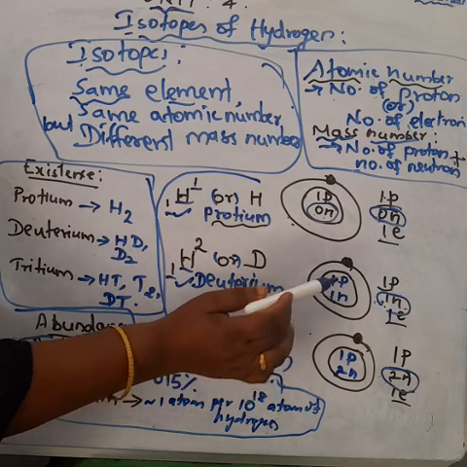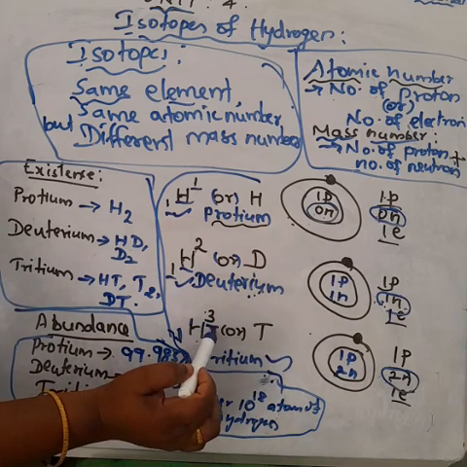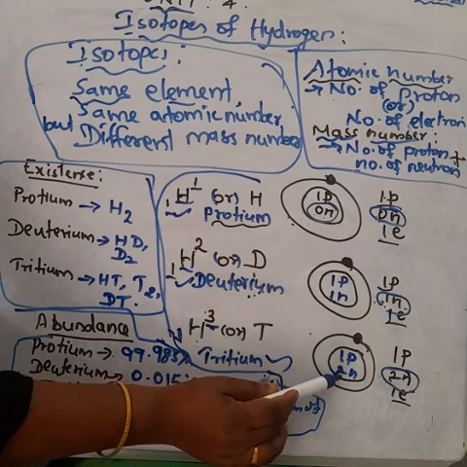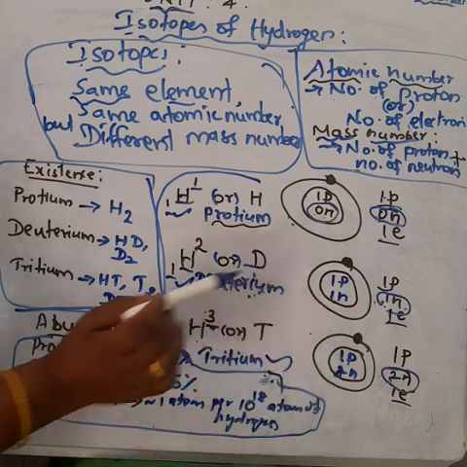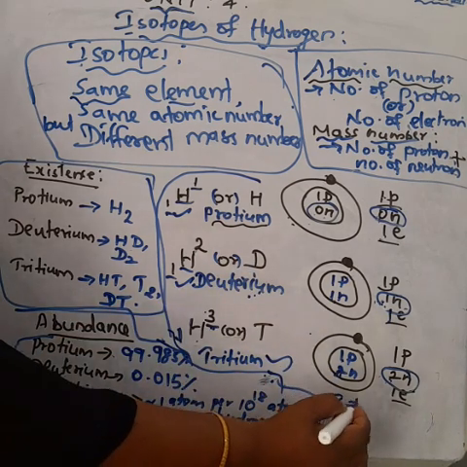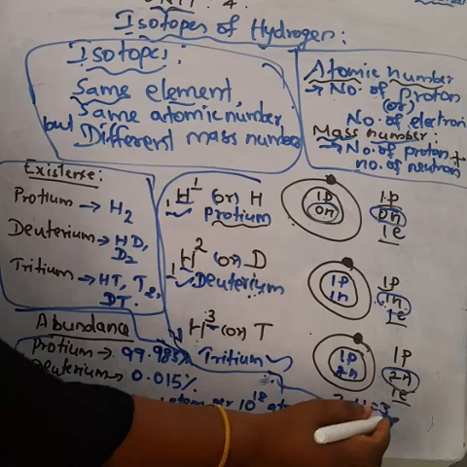For tritium, mass number 3 means number of protons 1, number of neutrons 2. When we subtract the atomic number from the mass number, we get the number of neutrons.